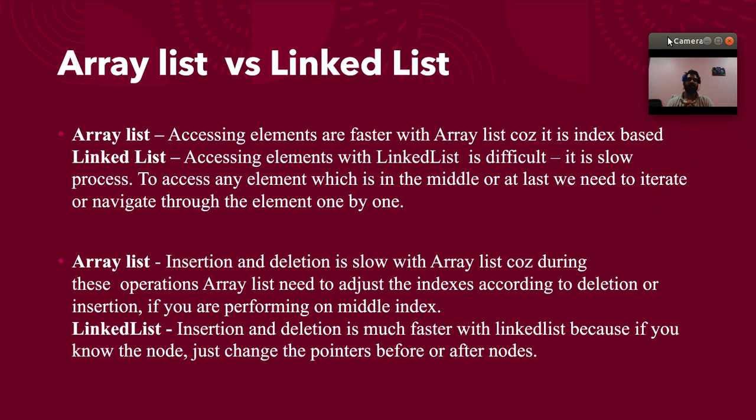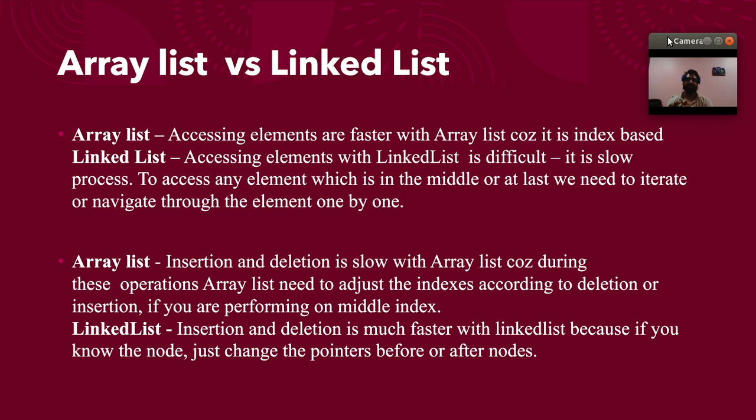Let's say that there are a huge number of operations for accessing any element from a collection, then we can go for array list. The reason is that accessing elements is faster in array list, because it is index based, we can directly provide the index number and then we can use it. And also it implements the random access interface, which makes it much faster to access the element from the array list.